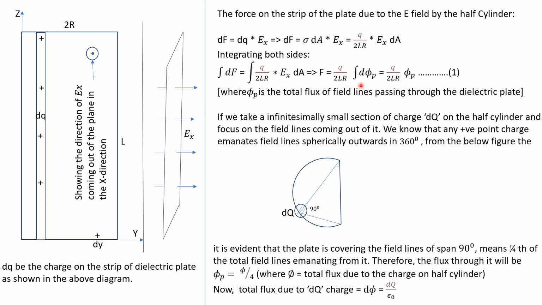So we can represent this as d phi p. Upon integrating both sides, we get F is equal to phi p, the flux passing through the plate, times sigma, which we can convert to the total charge on it, small q, divided by its area. The area is 2r into L. So we reach equation number 1.